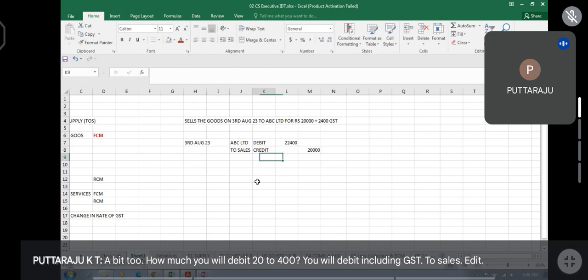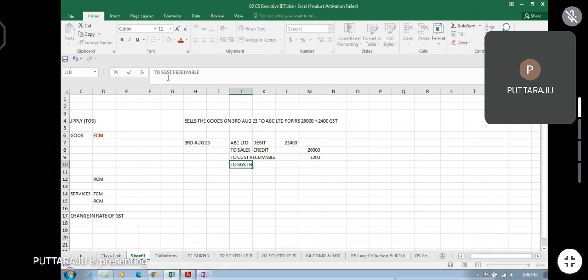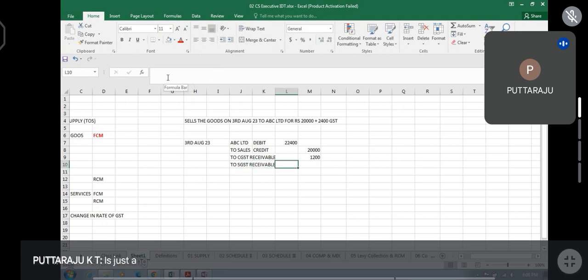To sales, credit 20,000. To CGST receivable, 1,200. SGST receivable, 1,200. Total should match.